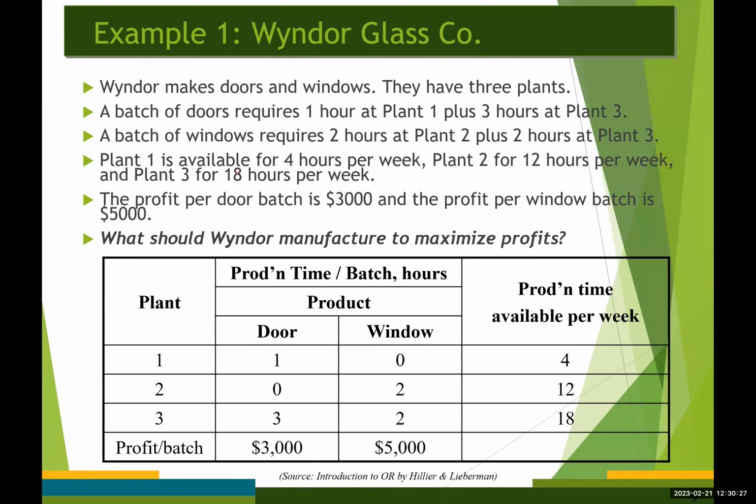I want you to recall that in this example, the window glass company makes two glass products, the glass doors and windows, in three different plants, okay? The relevant information is summarized in this table.